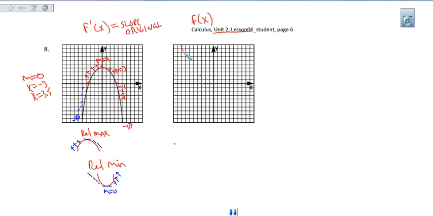But we know that this function is decreasing here, right? And then eventually it flattens out. And then we start increasing pretty rapidly, and then it sort of steadies out a little bit. Still increasing here. And remember our second spot at x equals positive 3.5, we have to have what?